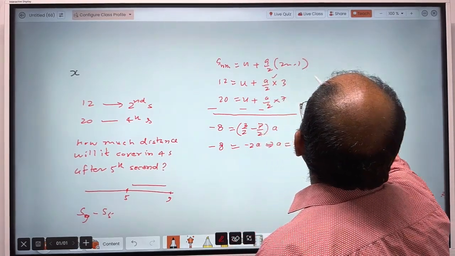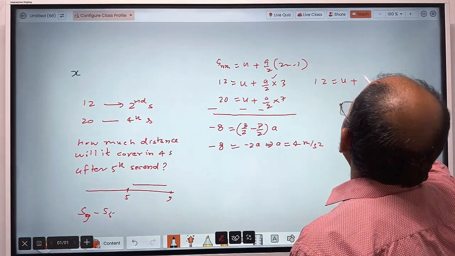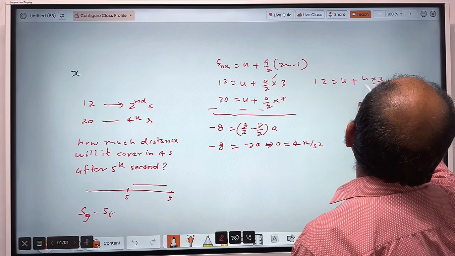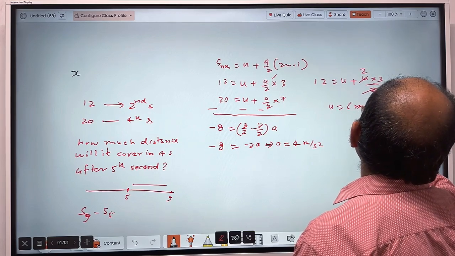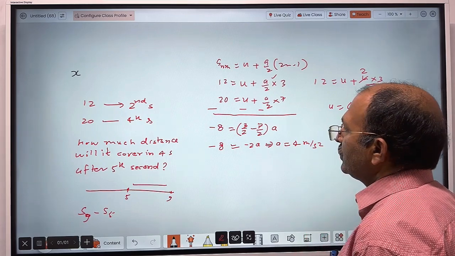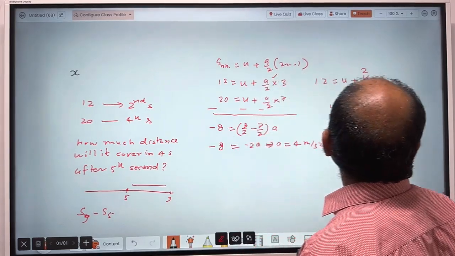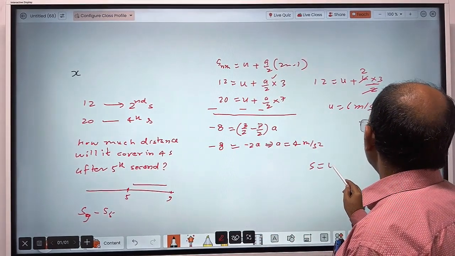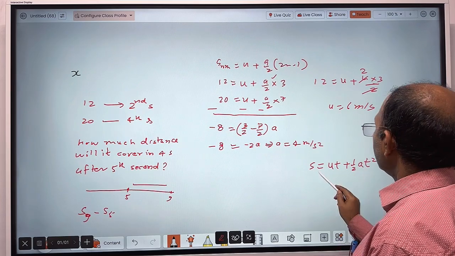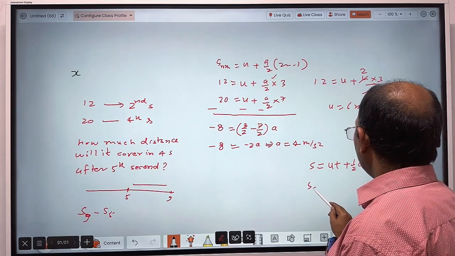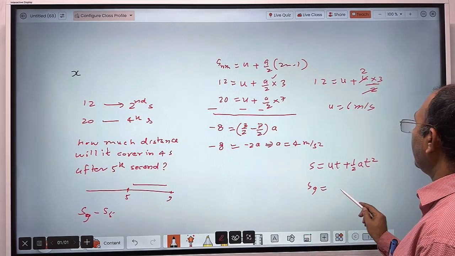We have got the value of a. We can write it here. So 12 equals u plus a, which is 4, 4 into 3 divided by 2, so this is 6. So u equals 6 meter per second. So we have got the values of a and u. Our concern is to get S9. So S equals ut plus half at square. So S9 we can find by putting t equal to 9 and the values of u and a.